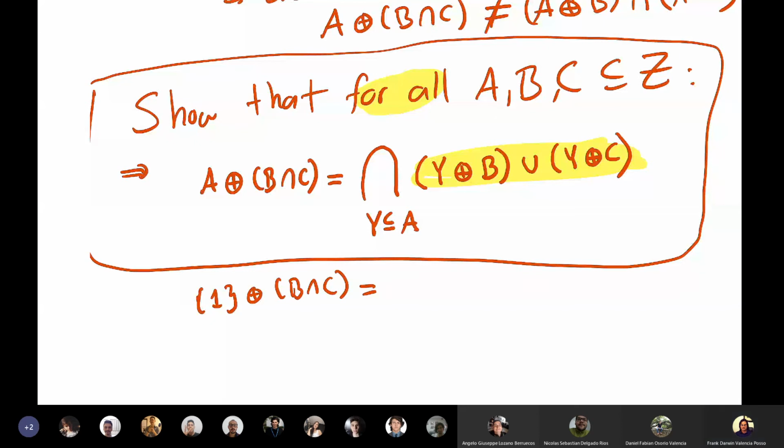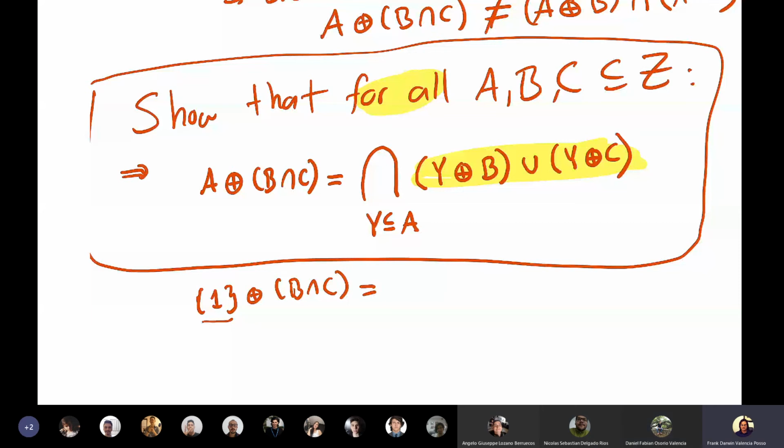Según ese teorema, esto debería ser igual a la intersección de todos los subconjuntos que están en A. ¿Cuántos subconjuntos hay en este A? 2, ¿cierto? ¿Cuáles? El vacío y el 1. Exactamente.